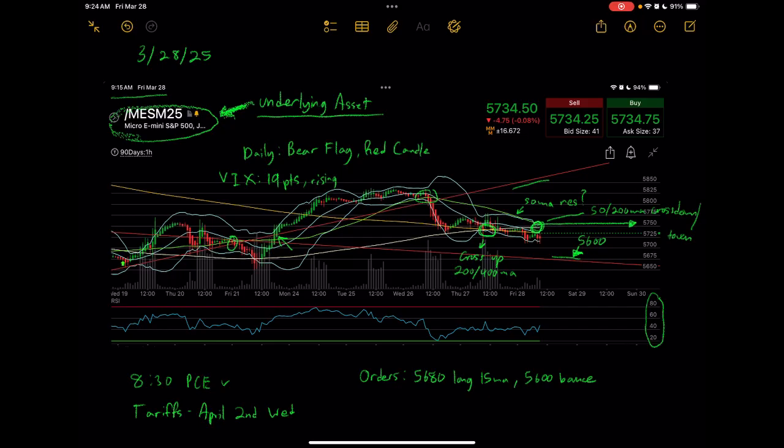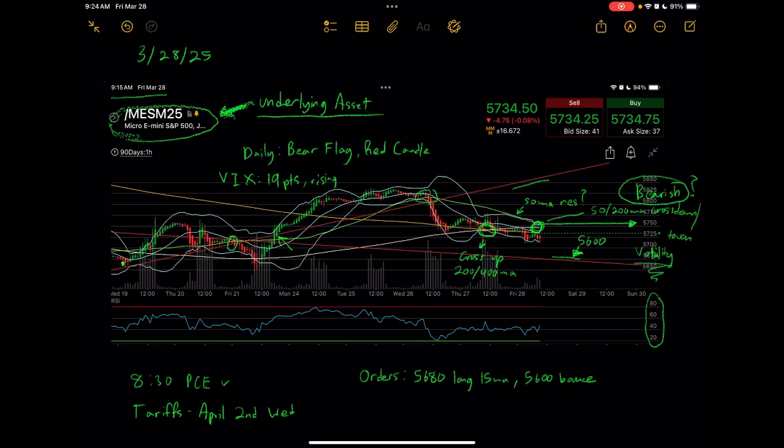That is bearish if that happens. So we're going to see some volatility. Put a question mark there. Volatility. There you go.